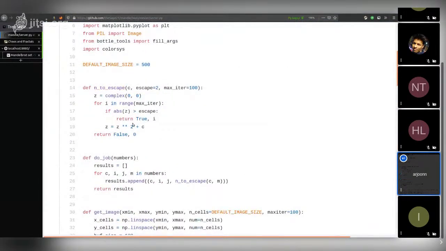If it is in the set, we are saying it did not escape. And here we are just setting a default value of 0, right? Instead of this, if we actually return the magnitude of z that we got, that is the third axis, the third number, right? Does that make sense?